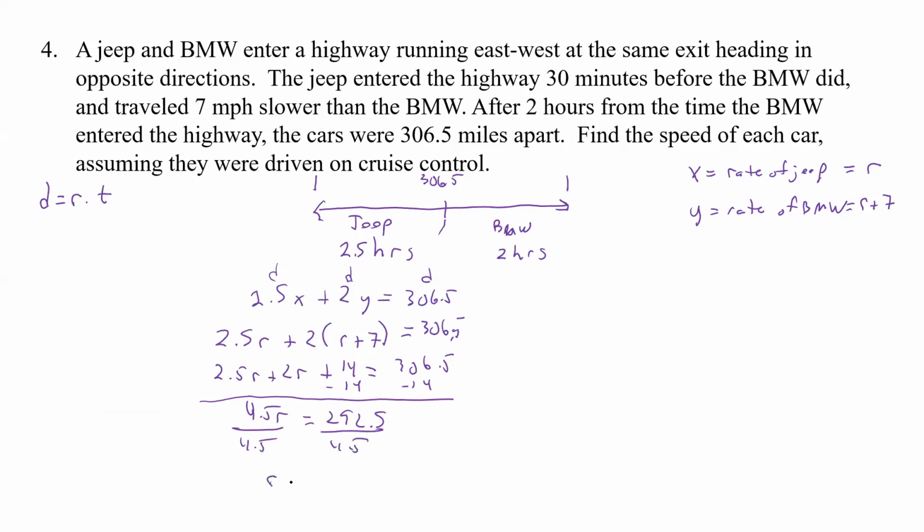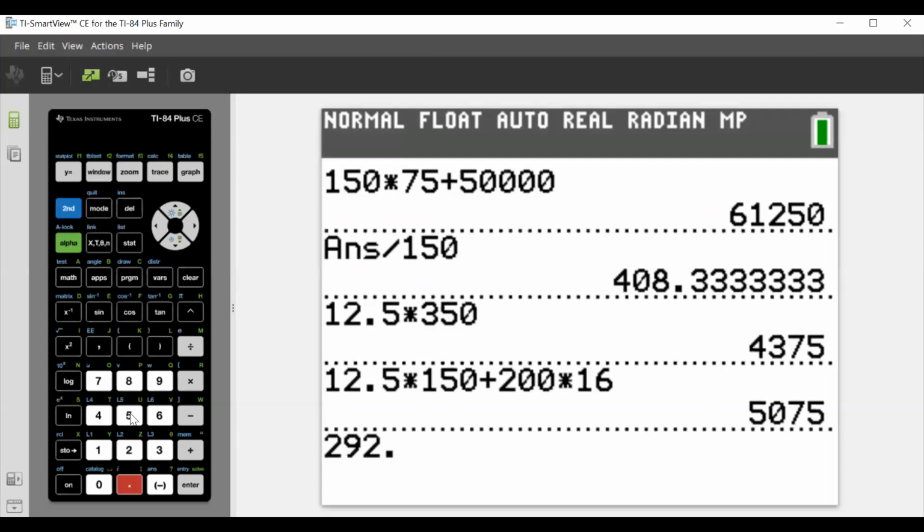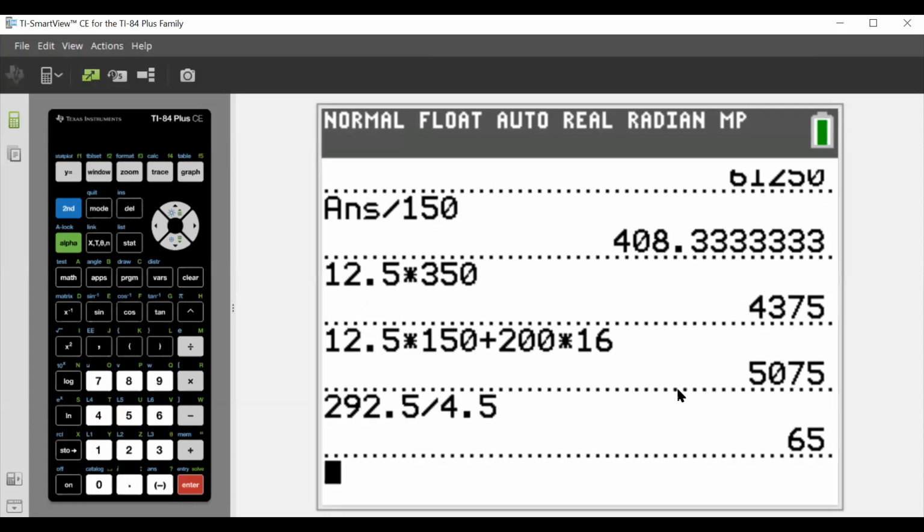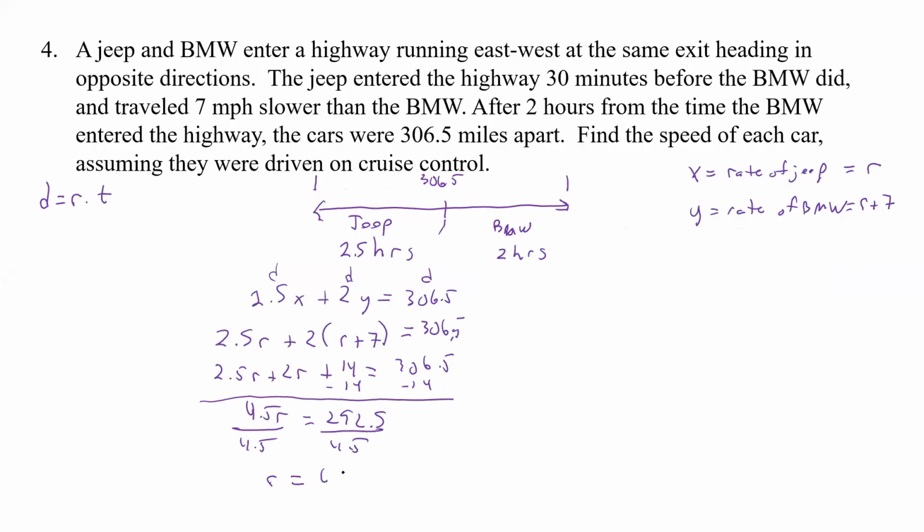So the rate, which is x for the Jeep, is going to be equal to 292.5 divided by 4.5, if I remember right, 65 miles per hour. So the rate is 65 miles per hour for the Jeep, and the BMW is r plus 7, so that's going to be 7 more, so it's going to be 72 miles per hour for the BMW.